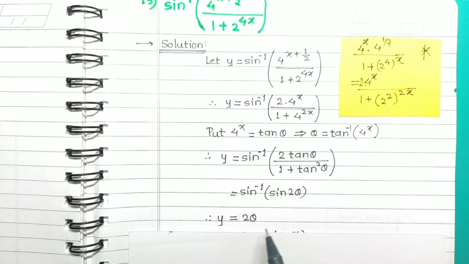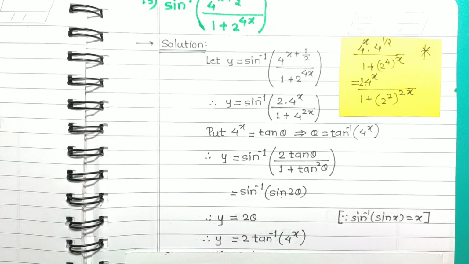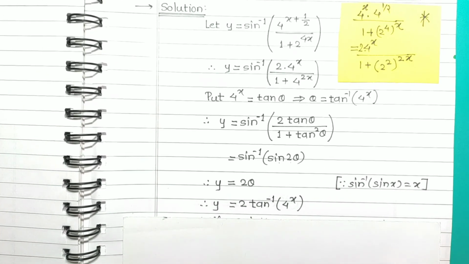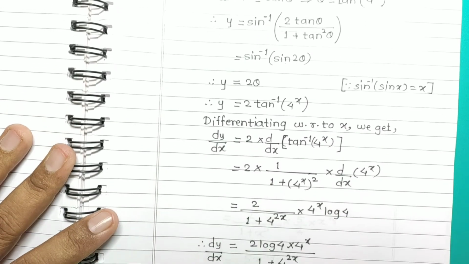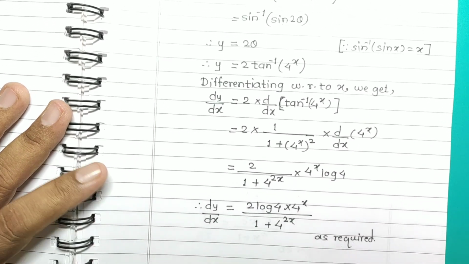Sine inverse of sine 2 theta is 2 theta. Here we have used the property sine inverse of sin x is equal to x, and simply we have y is equal to 2 theta. Replacing theta, we have y is equal to 2 tan inverse of 4 raised to x, and then you differentiate this function and complete the differentiation process.